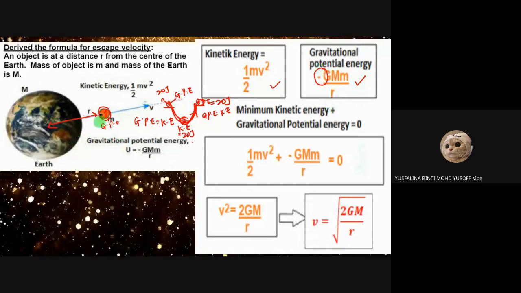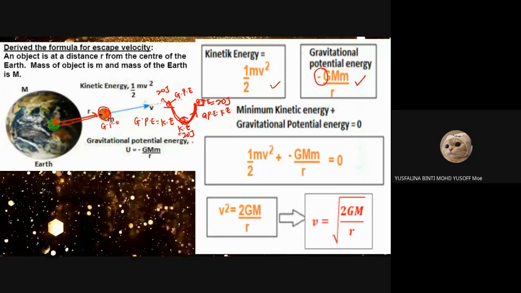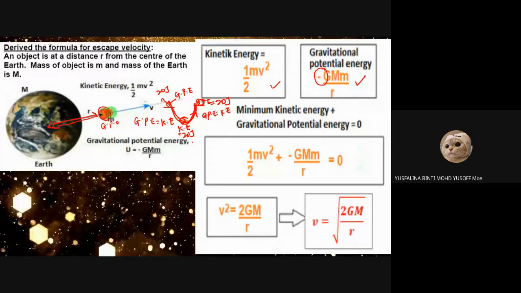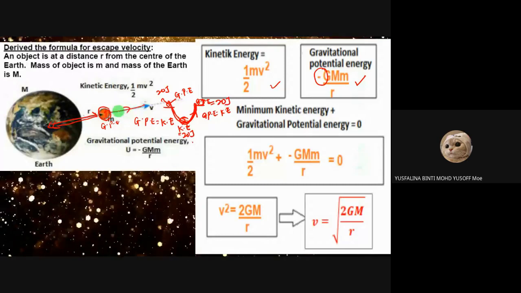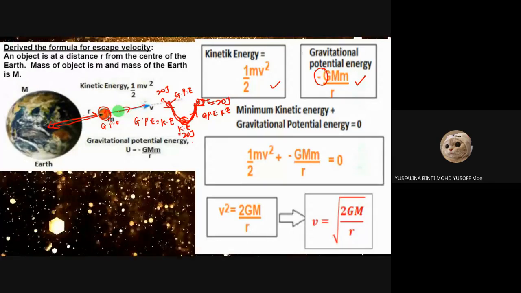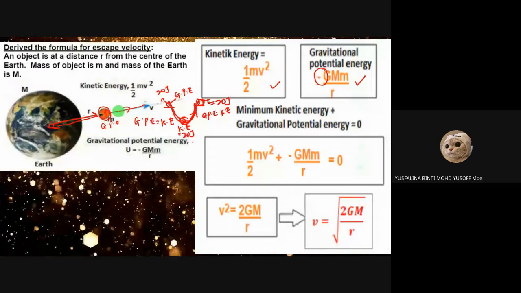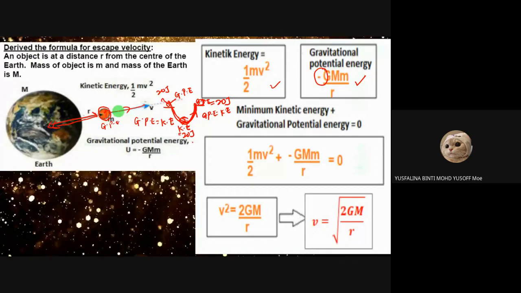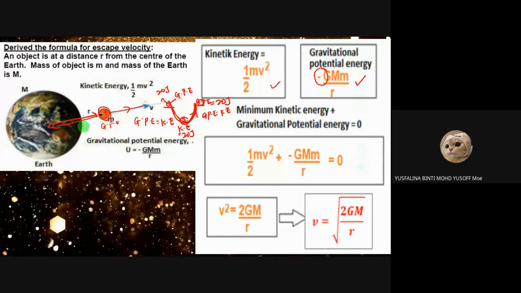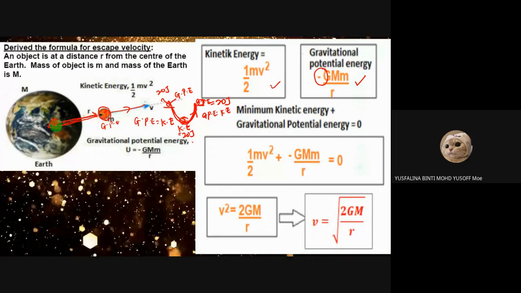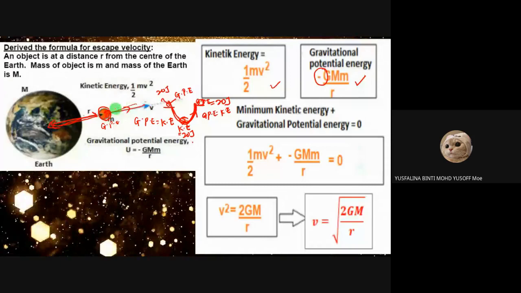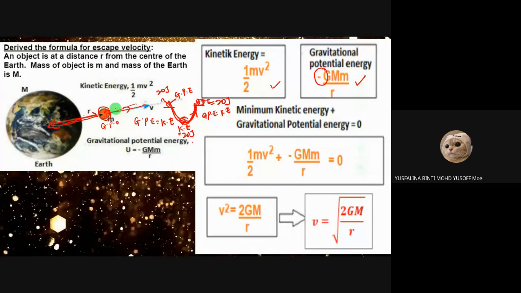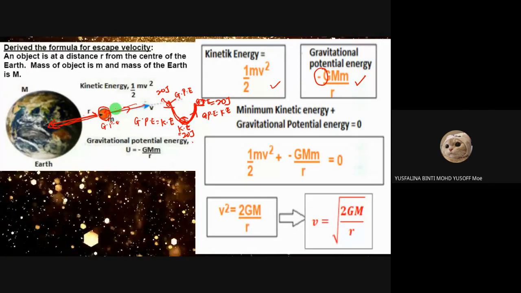The gravitational potential energy acts toward the earth, but the kinetic energy moves outward, in the opposite direction to the gravitational potential energy. So that's why you put a negative sign there.